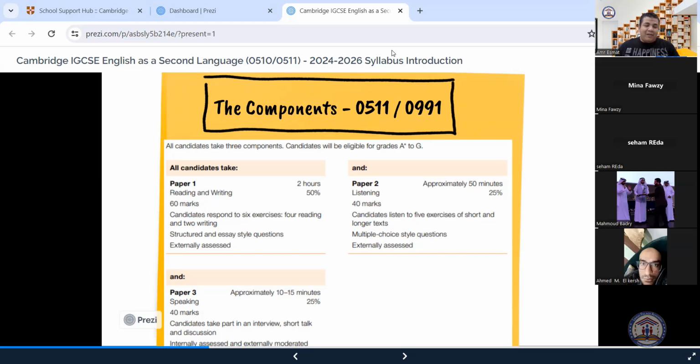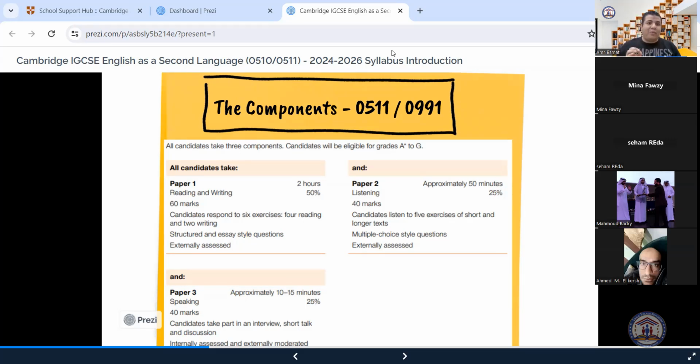Speaking counts 10. Although speaking is between 10 to 15 minutes, it's out of 40. It depends on the 3 parts: interview, short talk, discussion, exactly the same as the first one, but here the mark counts in the overall grade of the test.